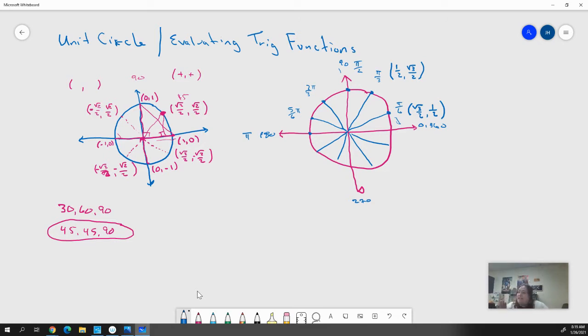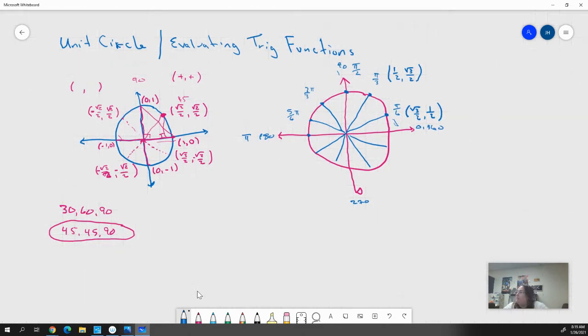When we look at the other side, think of it as folding this in half on this y-axis. This part right here, this point, think of it as you're counting up from here. It's going to match the opposite side. This point right here would be radical 3 over 2, 1/2.